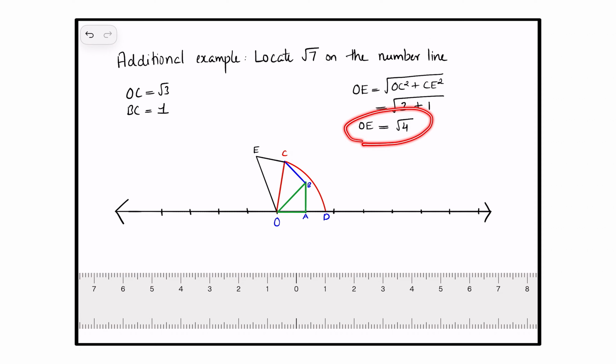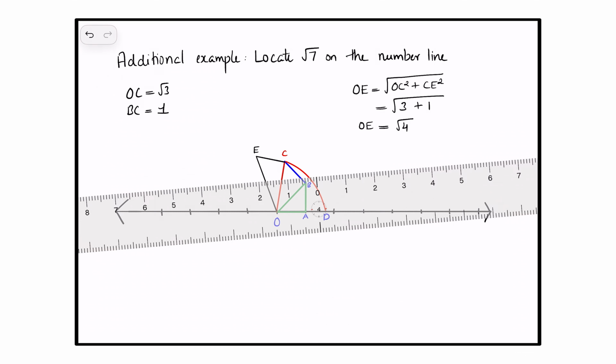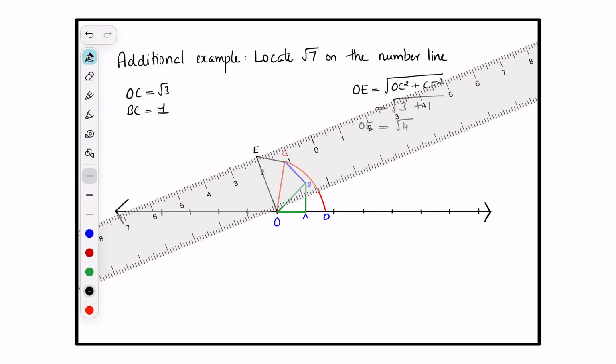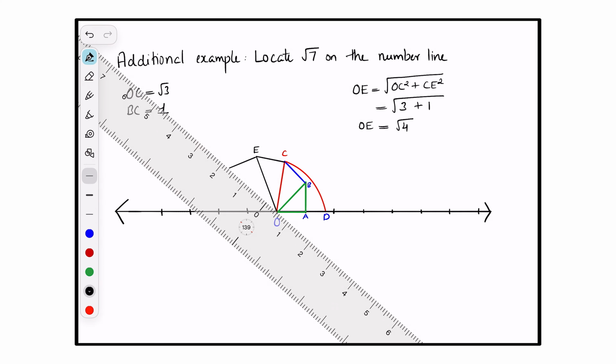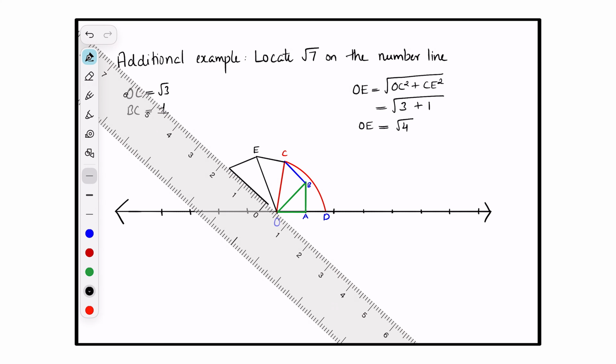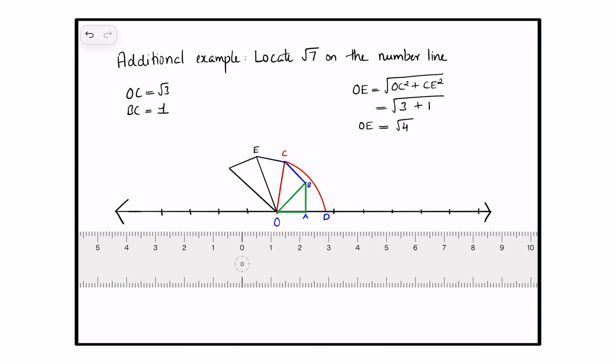Now I will proceed to calculate root 5. Again what I will do, I will construct a line perpendicular to OE of length 1 unit, and then I will join this to get root 5. Let me do that. Let me denote the new point as F. Now what is the value of OF? Let us calculate.